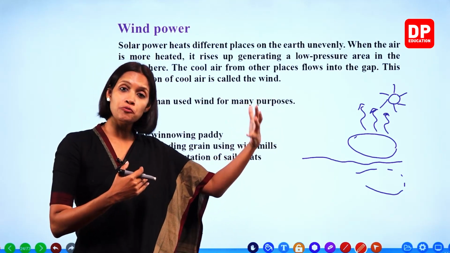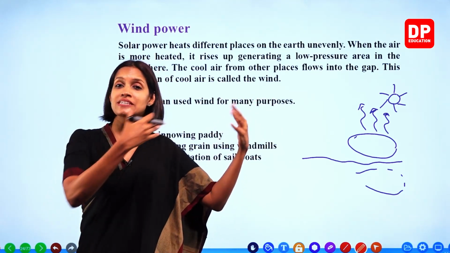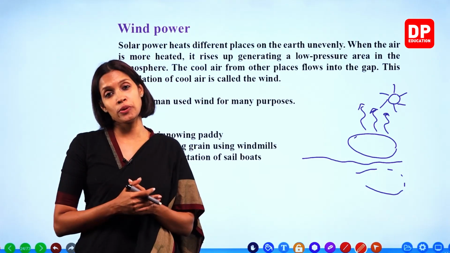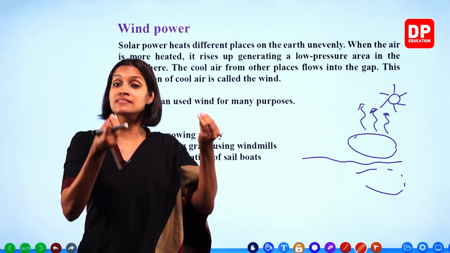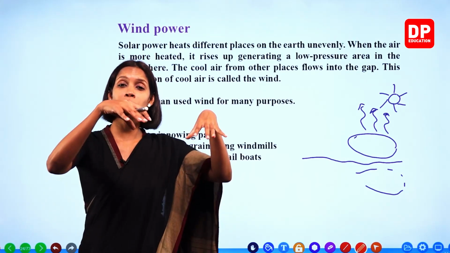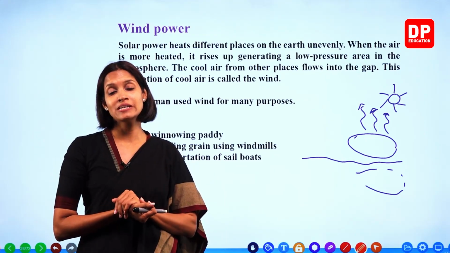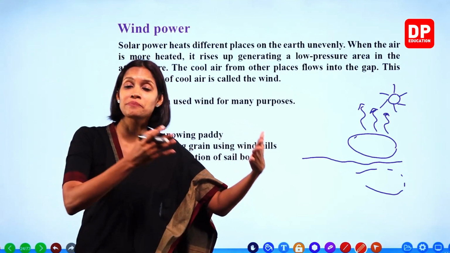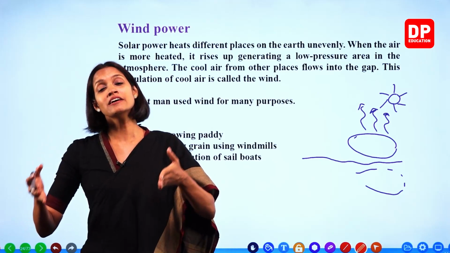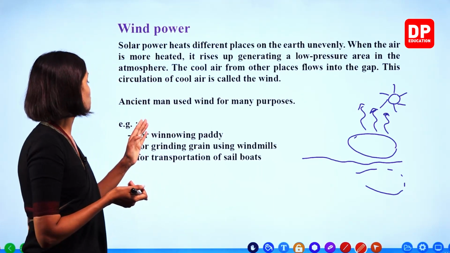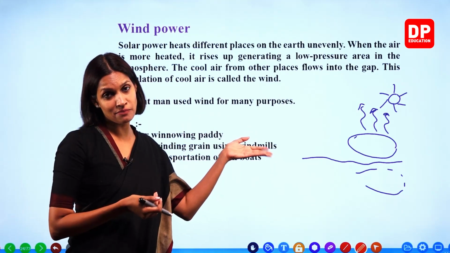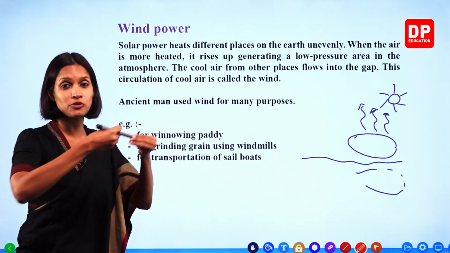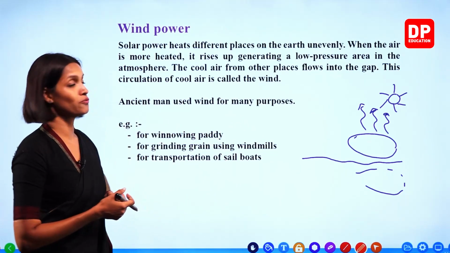Because of the flowing of wind, the light-weighted chaff is taken away with the wind. But the heavier good part of the paddy just falls down. Thereby we can simply separate good paddy and the chaff. Okay? So separating chaff from the good paddy is known as winnowing paddy.